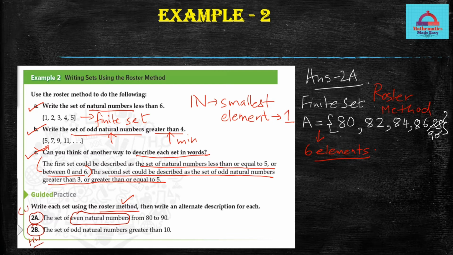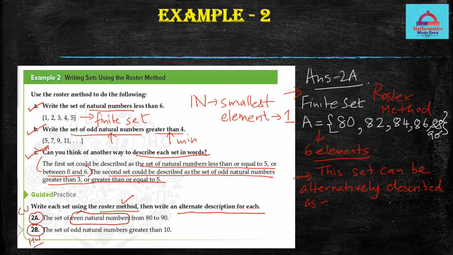And now let's do another part for the same question, which is asking you to give an alternative description. So let's write a different way in which we could describe the set. So this set can be, alternatively means to give a different or some other description of the same set, described as.